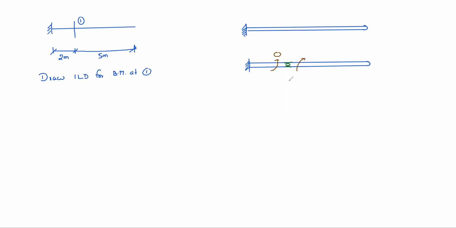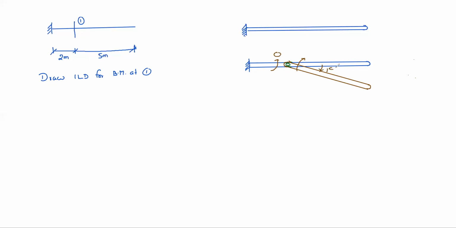Okay. So one unit we need to rotate the right side. Okay. That I will show you. So this rotation is 1 radian.